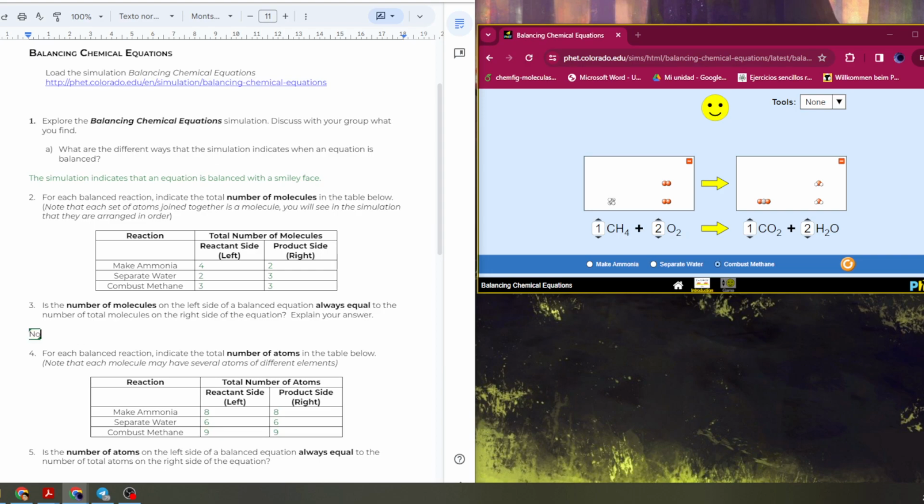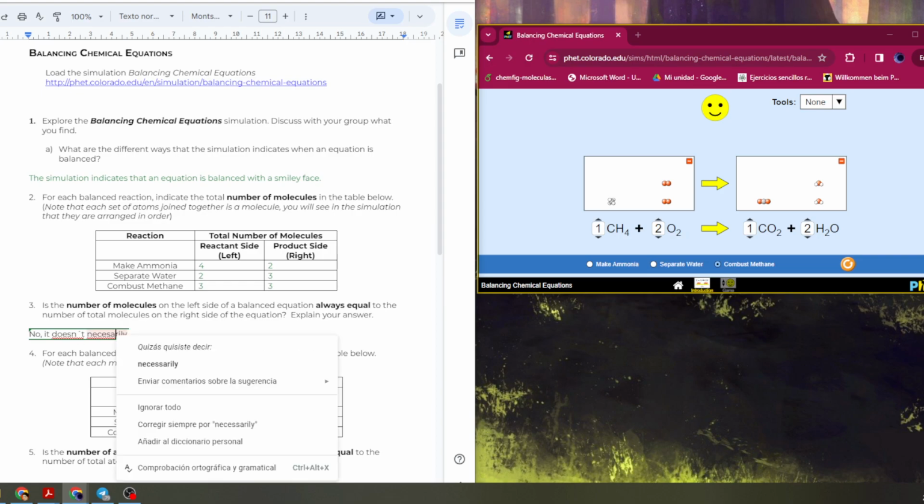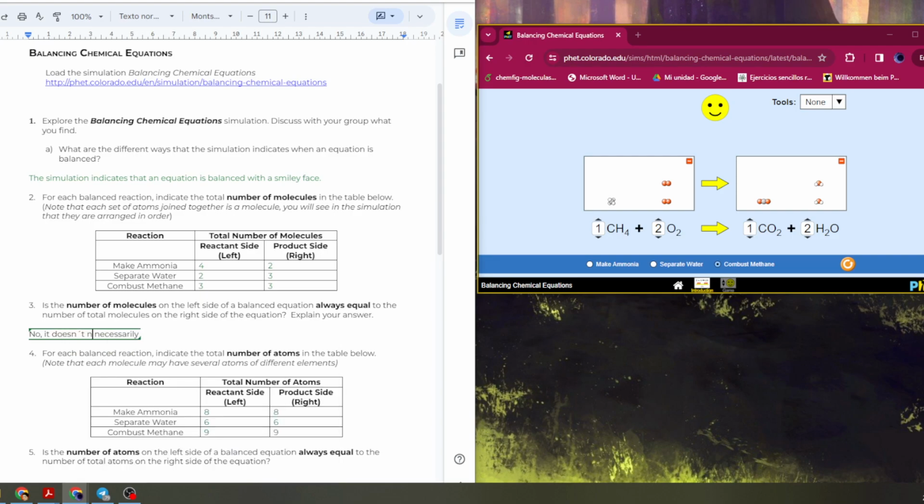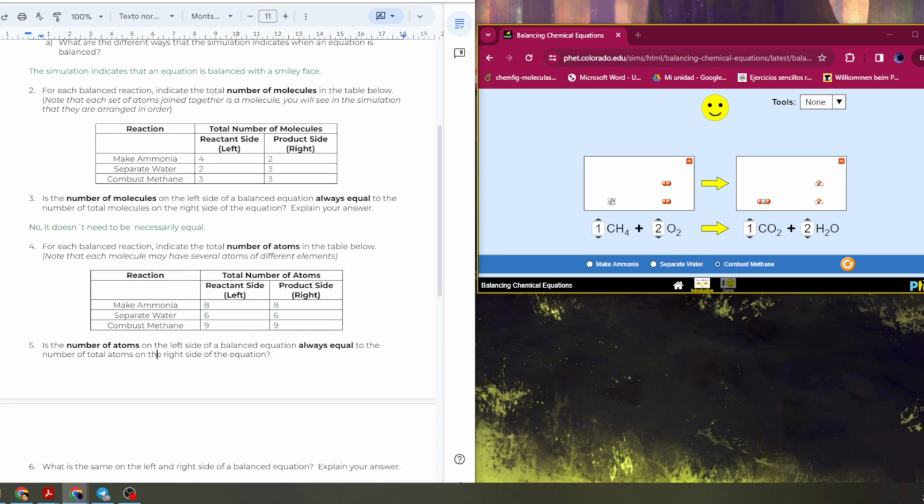No, it is not necessarily equal. And the number of atoms? Yes.